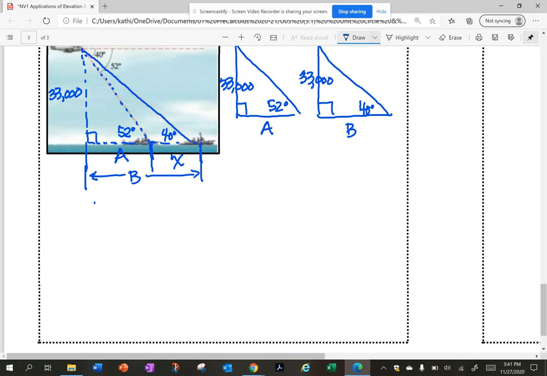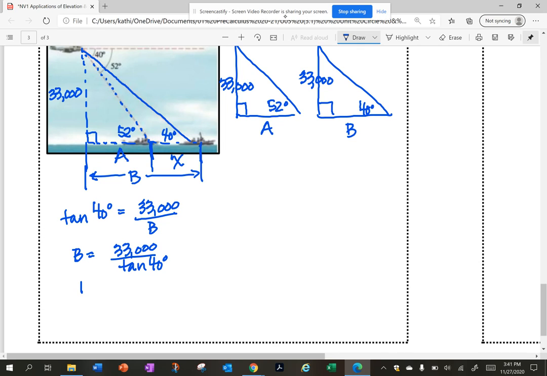Okay, so I'm going to set up for and solve for B first. So I'm going to say the tangent of 40 degrees equals the opposite side, 33,000, divided by the adjacent side, which is B. So I'm going to solve for B. So B equals 33,000 divided by the tangent of 40 degrees.